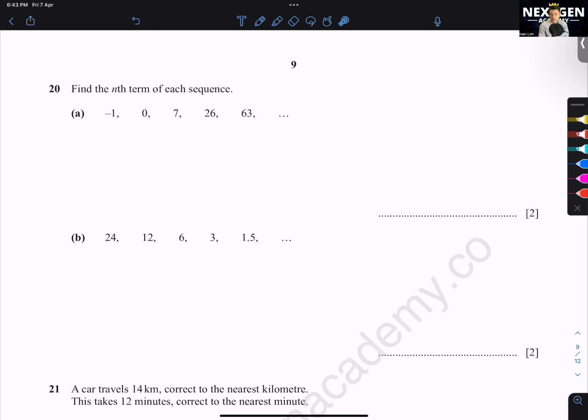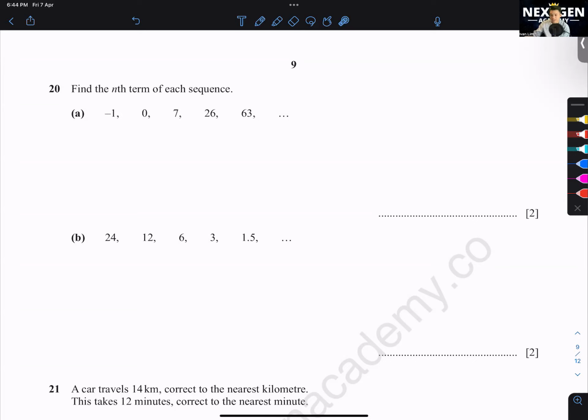Okay, third difference is different. Check again. Anyone understand how to check the third difference? What do y'all get for the third difference first? 4. Wait, are you sure? Okay, Xinyan got n cubed minus 3n squared plus 3n minus 2.